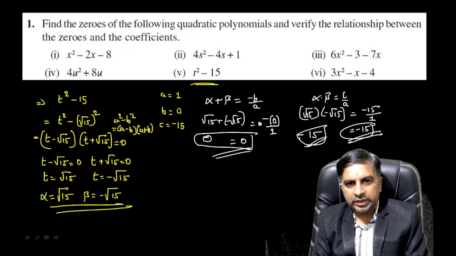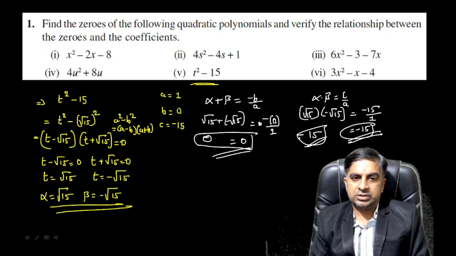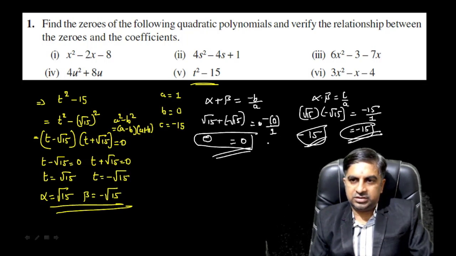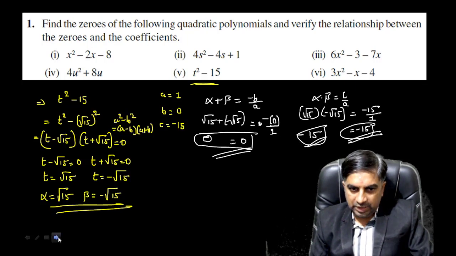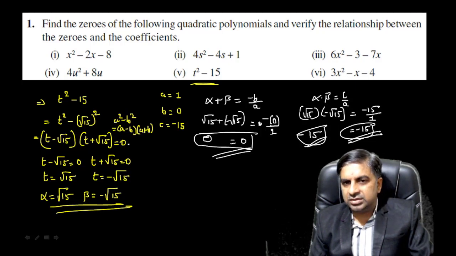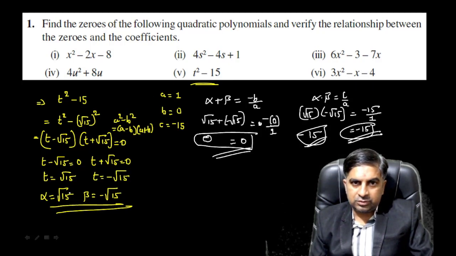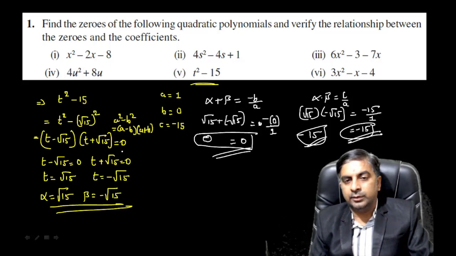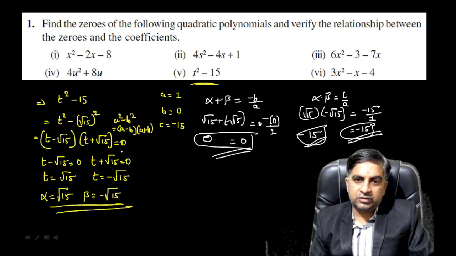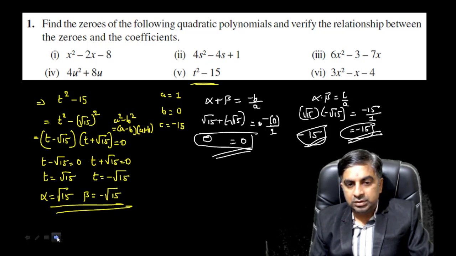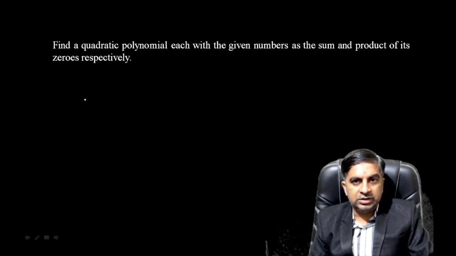So this way you can find out the zeros and then verify the relationship between the zeros and coefficients. Try to practice somewhat 50-60 questions of this type, guys, because terms with root sign are also going to come. I have made separate videos for quadratics with roots, so you can see those videos also.